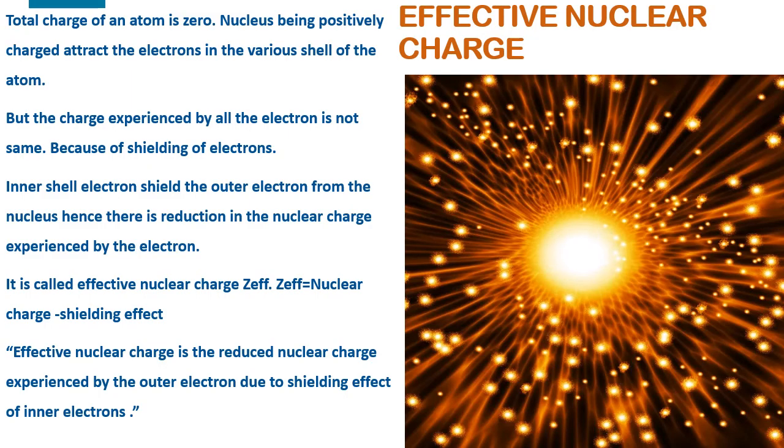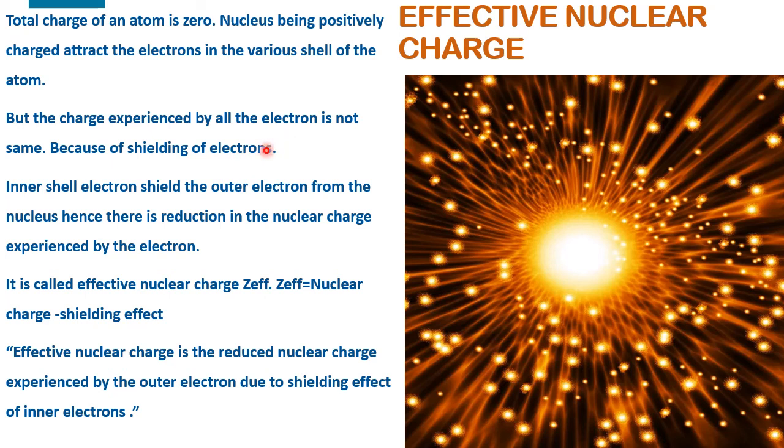Now this is the effective nuclear charge. One more small bit. See, in total the charge on the atom is 0 because equal plus and equal minus are neutral. The nucleus, being positively charged, attracts the electrons in the various shells of the atom. But the charge experienced by all the electrons is not the same because of shielding of electrons. Inner electrons act as a cover, shield, protection for the outer electrons.